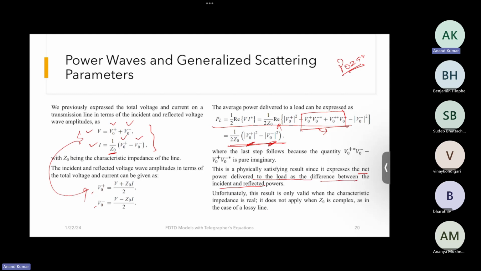But this result is only valid if this Z naught is real. If it is complex, this particular expression won't evaluate the same way, because the V naught plus and V naught minus terms have Z naught inside them, and these won't be real values. So that particular term won't go to zero.